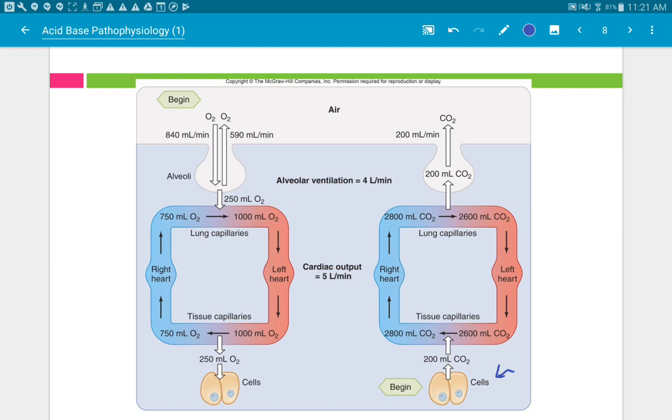I'll go more deeply into that, but in your mitochondria, the electron transport chain, the whole nine yards, CO2 is being produced, and it's usually about 200 mils per minute that's getting pumped into your blood by your cells. That's actually a fair amount. Now, it's, of course, not transported as a gas. It's transported in other ways. And then the goal is to get it to the lungs. This is representative of the alveoli in the lungs, and the CO2 then is breathed off.